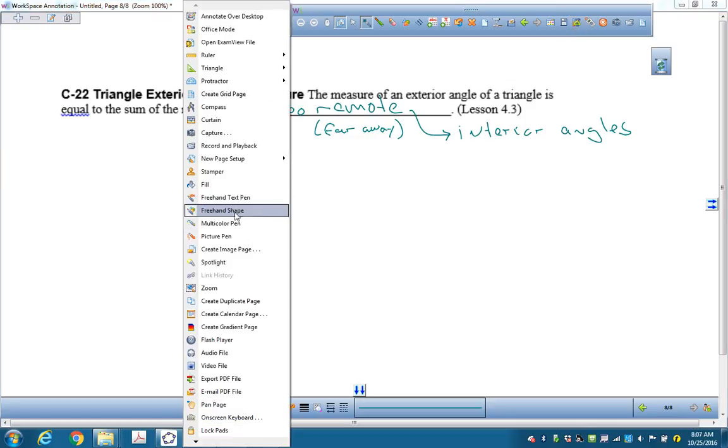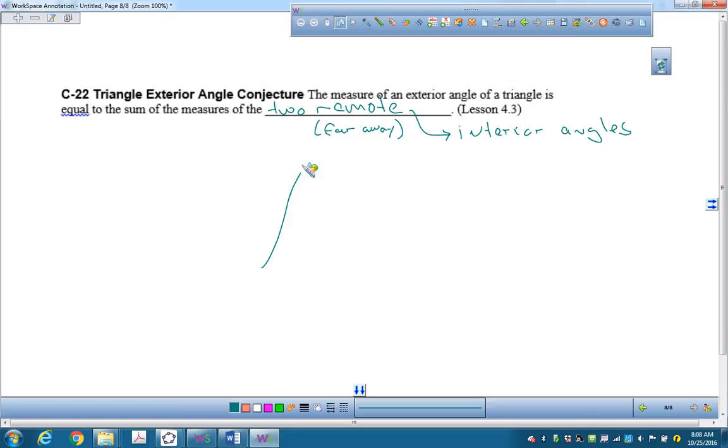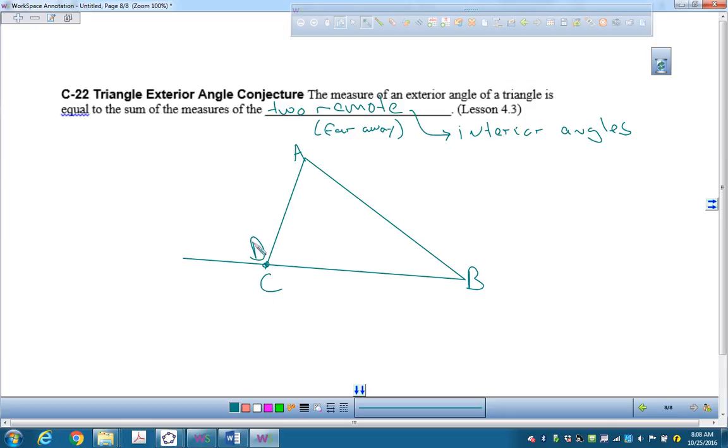Okay? Freehand shape again. I'm going to do this. Okay? Let's see. And I'm going to say that here's angle, we'll call this angle D. A, B, we'll call this point C. That's not a very good labeling of my angles.